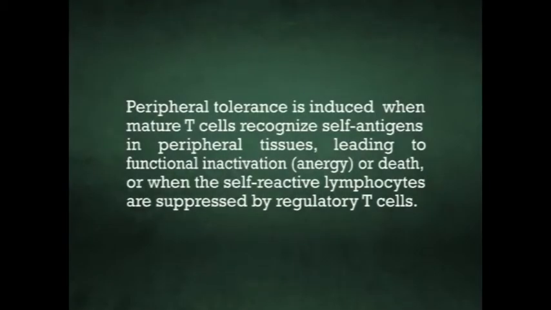Peripheral tolerance is induced when mature T cells recognize self-antigens in peripheral tissues, leading to functional inactivation, that is anergy, or death, or when the self-reactive lymphocytes are suppressed by regulatory T cells.